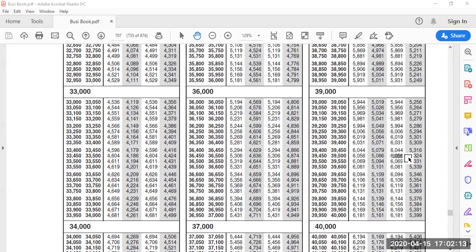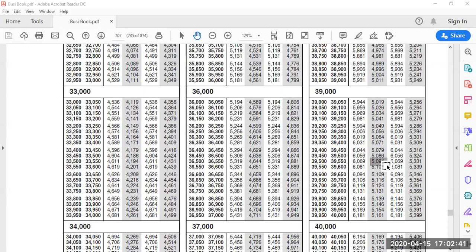They would treat you at the highest tax bracket if you were married filing separately. But if you were married filing jointly, and together you and your spouse earned this amount of income, then your total tax would be 5,094.